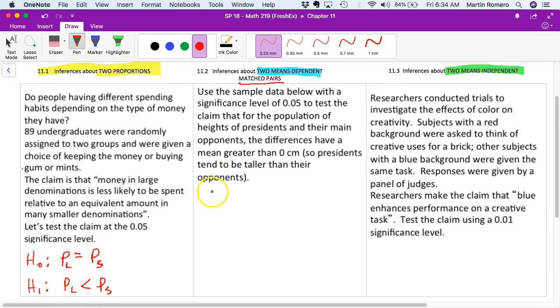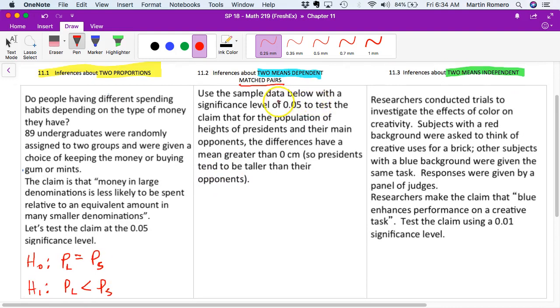The second example, matched pair. Use sample data below with a significance level of 0.05 to test the claim that for the population of heights of presidents and their main opponents, the differences have a mean greater than 0. So this is now comparing presidents against their opponents, and the claim is that the difference between their heights is greater than 0.